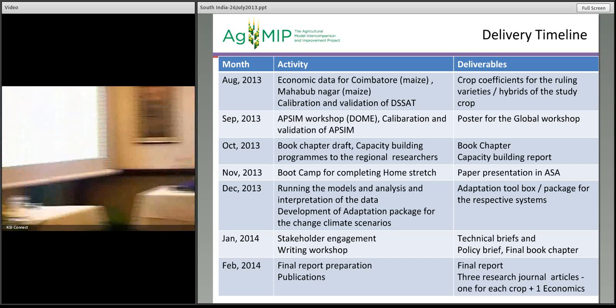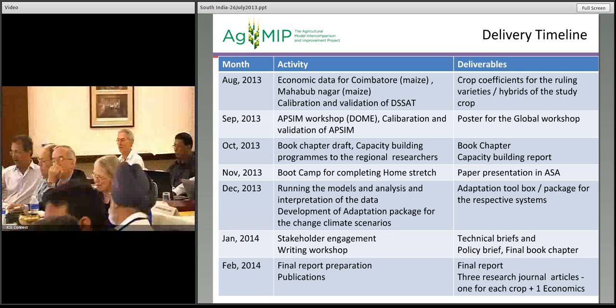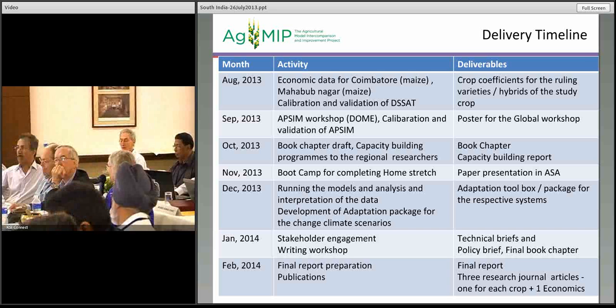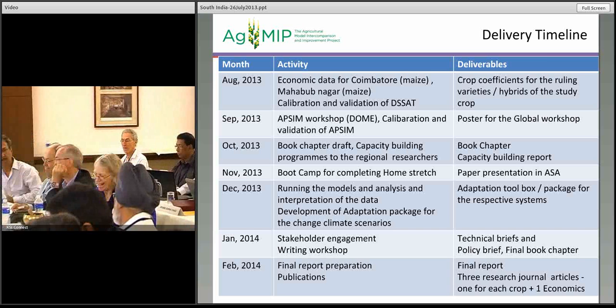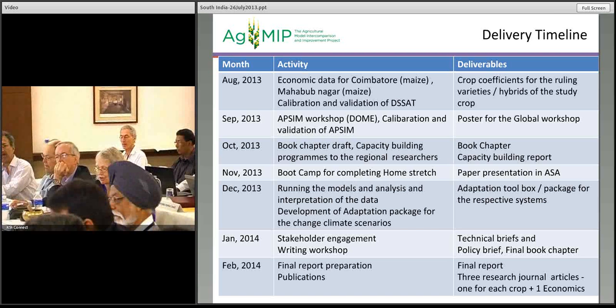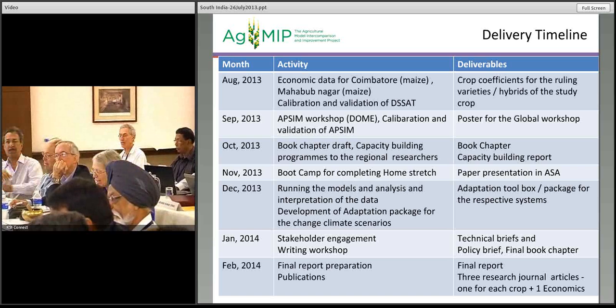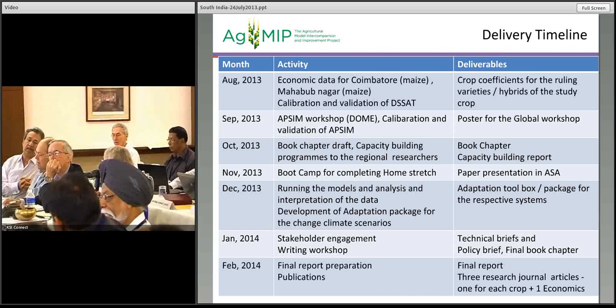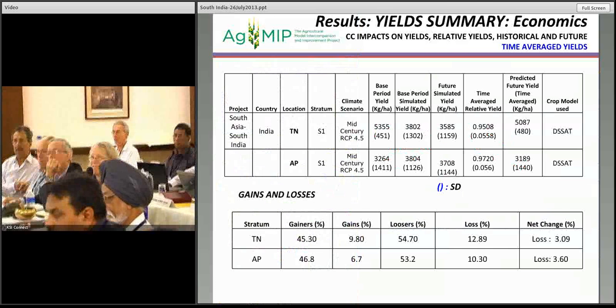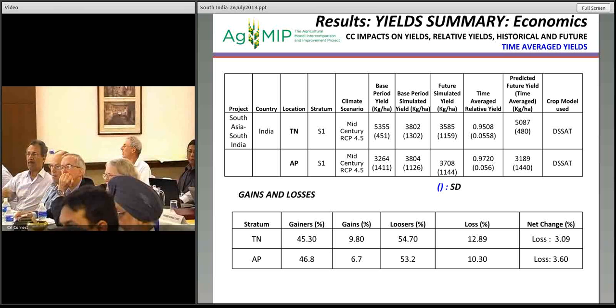This is a question about the interpretation, which, admittedly, I am also working to understand. I'm looking at John. When you're comparing Tamil Nadu with Andhra Pradesh, and when we look at the relative yield distributions, it seems as if in Andhra Pradesh, in terms of the crops, the relative yield factors were more negative.